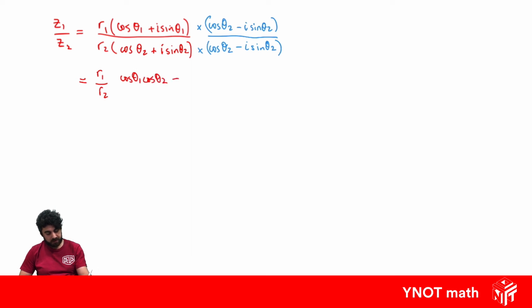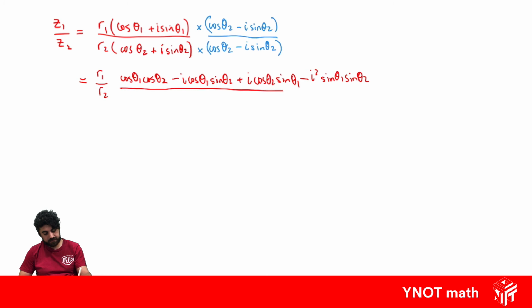And we're going to get minus I times cos theta 1 sine theta 2 plus I times cos theta 2 sine theta 1 minus I squared sine theta 1 sine theta 2.